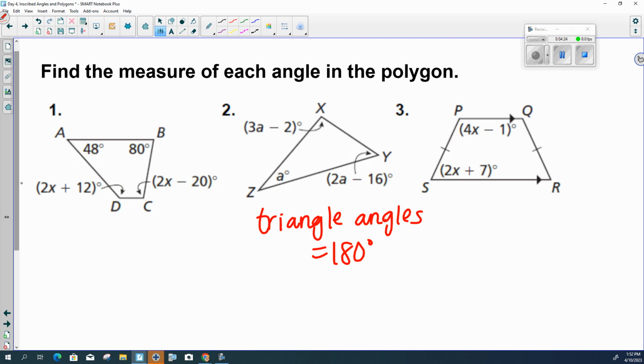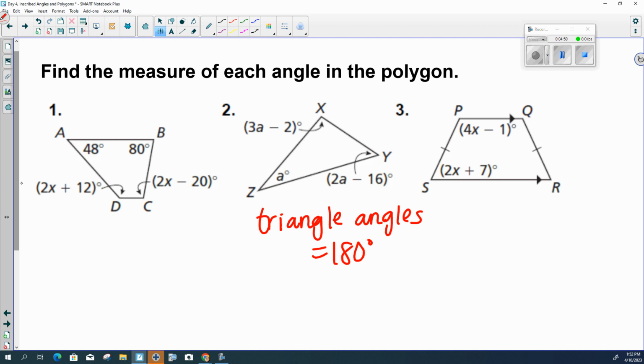Why do you keep saying 180? I'm just wondering. So you're thinking these would be 100? So that might be true. It didn't tell us these are parallel, though, so we can't assume these are supplementary.